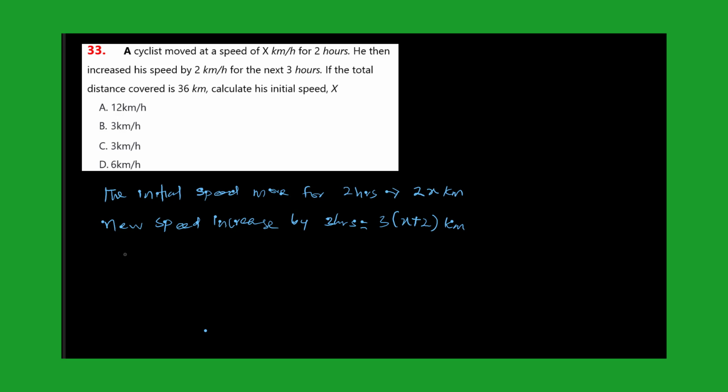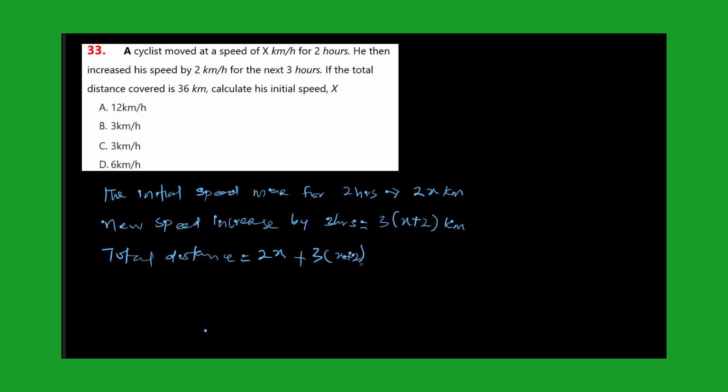So the total distance covered equals the initial distance, which is 2s, plus the next distance, which is 3 bracket s plus 2.